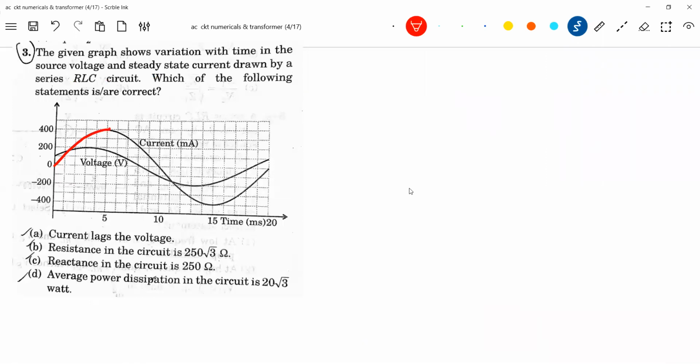This red color is what? The current. Do we know time period of this cycle? 20 milliseconds is the time period.